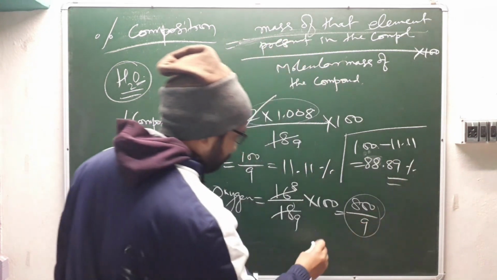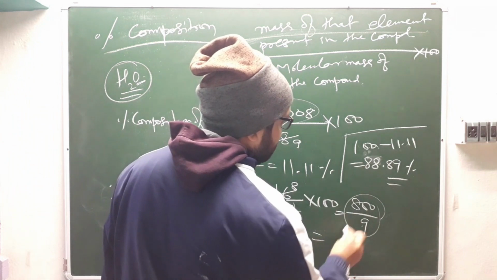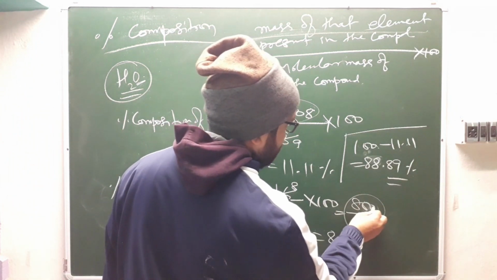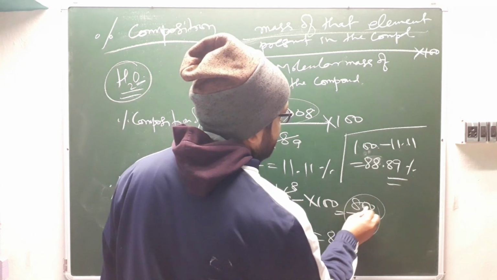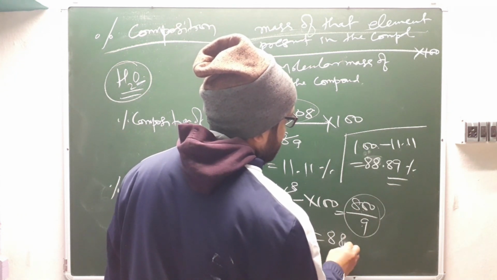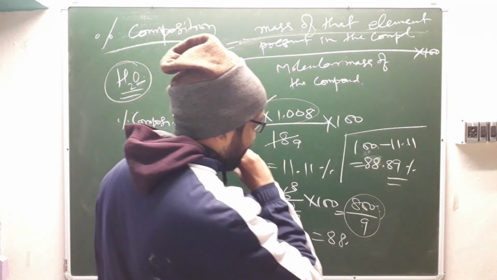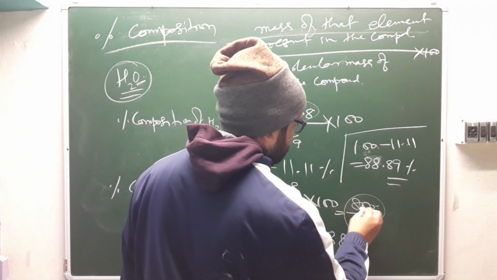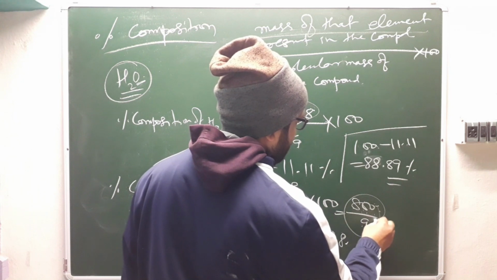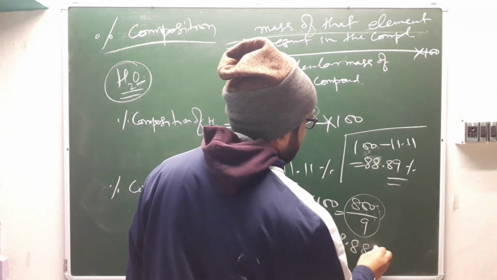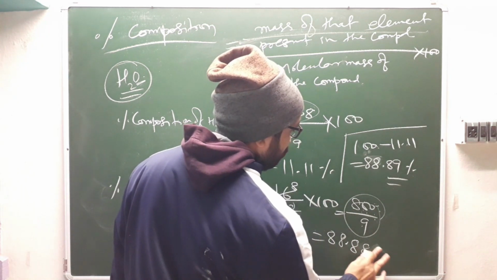Let's see how much it is coming. 9 eights are 72, then again 8, 8, 8, it keeps going. So now we have to round the figure.